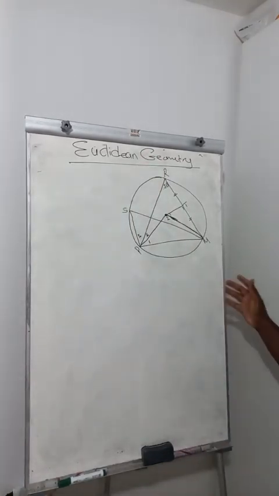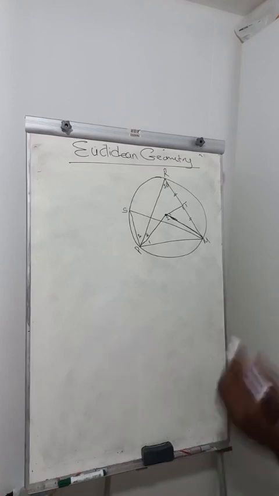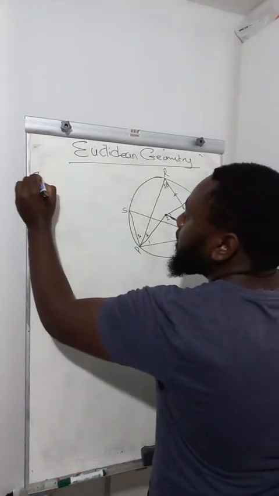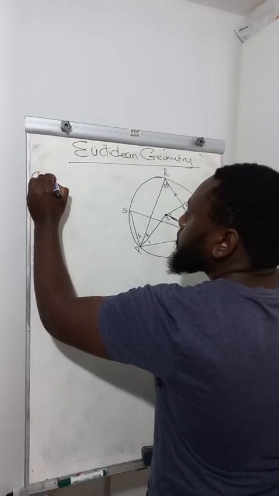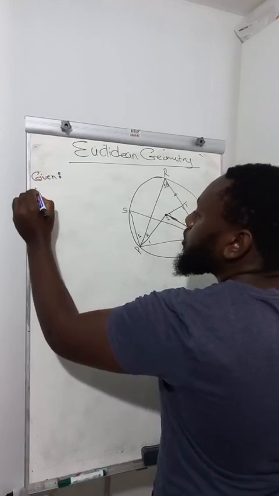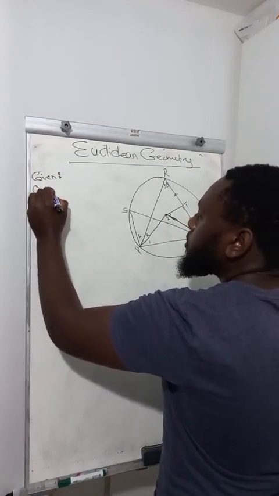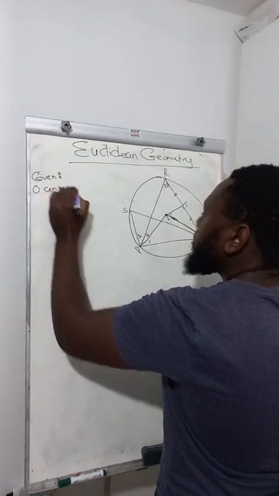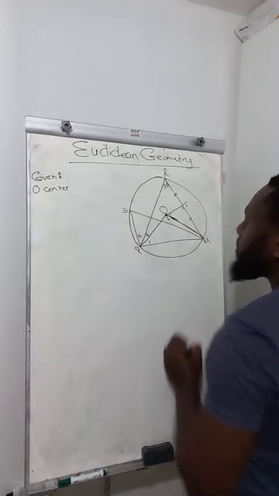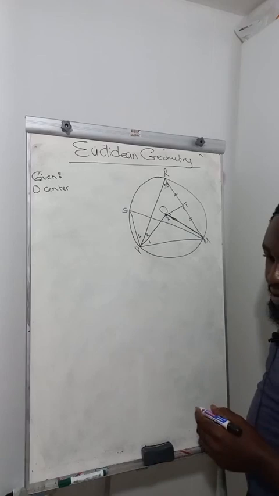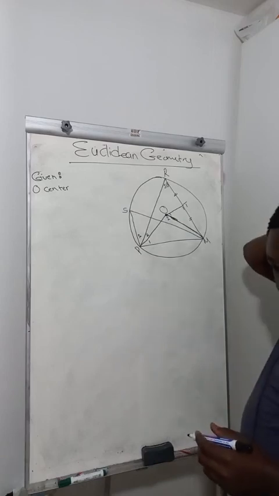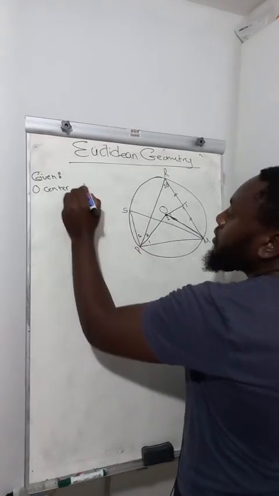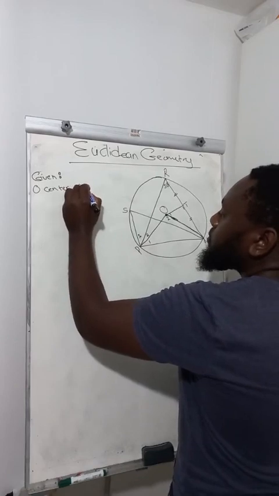So now they're saying in the diagram below, O is the center. Let me write given. O is center of the circle.